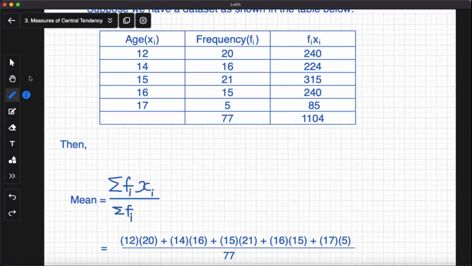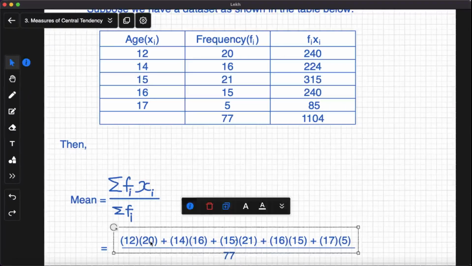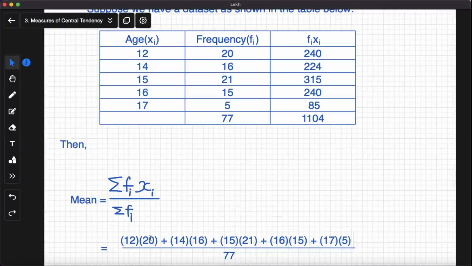I need to quickly correct something. Please look at it again. Frequency should come first according to what I've written here, but I put the x values first. So this is xi, fi. Instead of that, we should have 20 multiplied by 12, so that we can have something that tallies with the formula, and then 16 multiplied by 14.